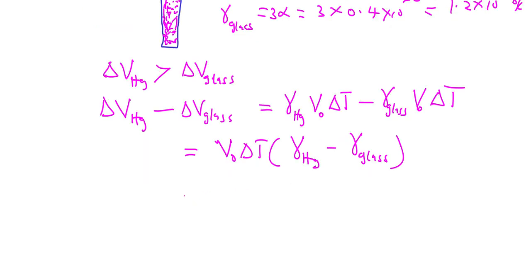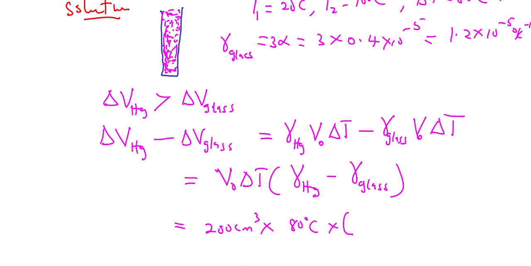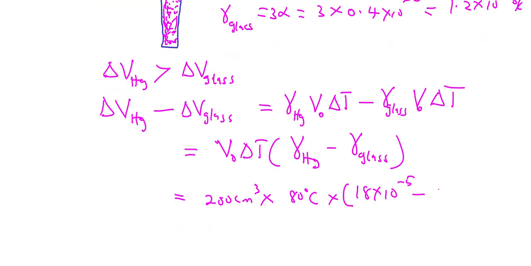We are told that the initial volume is 200 cm cubed and the change in temperature is from 20 to 100, so that will be 80 degrees Celsius. The coefficient of volume expansion of mercury is given as 18 times 10 raised to power minus 5, while for glass, we calculated it to be 1.2 times 10 raised to power minus 5 per degree Celsius.